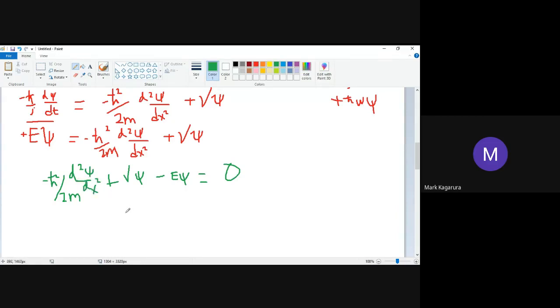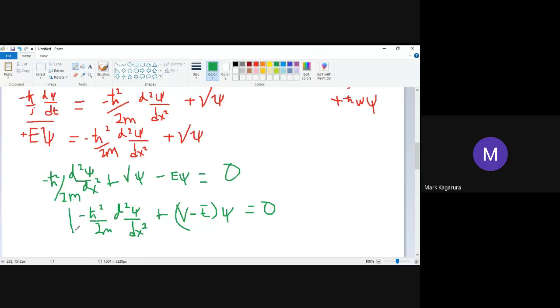So basically what we now have is negative h bar squared over 2m d2 phi dx squared plus v minus e psi is equal to 0.